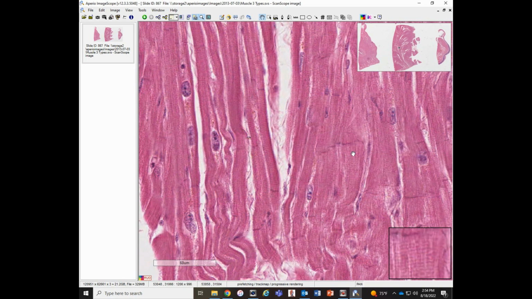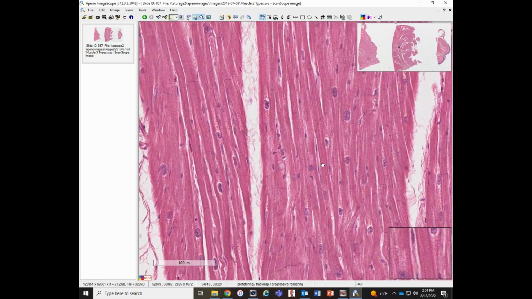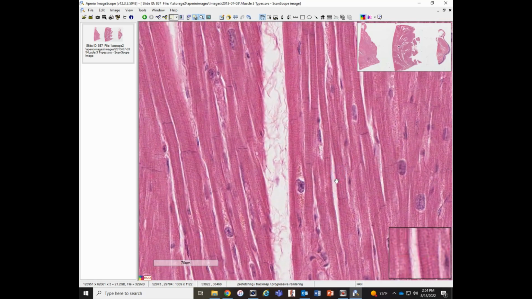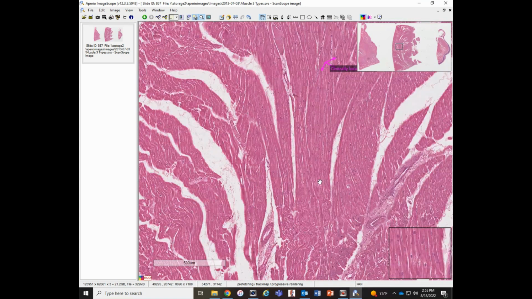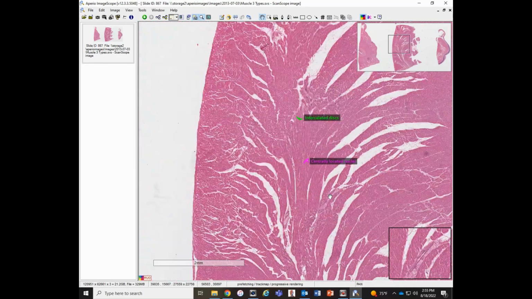So we see these intercalated discs, centrally located nuclei, and branching of fibers in cardiac muscle. We do not see any of that in skeletal muscle. Here's a nice branching pattern right there. So that's going to be the hallmarks of cardiac muscle.